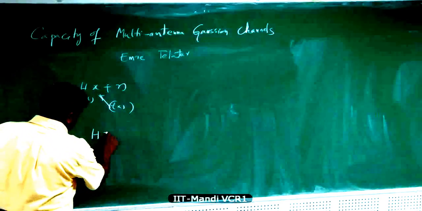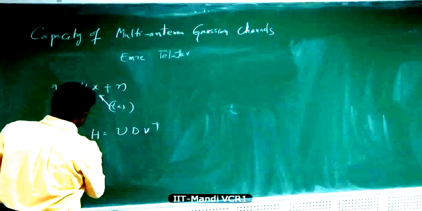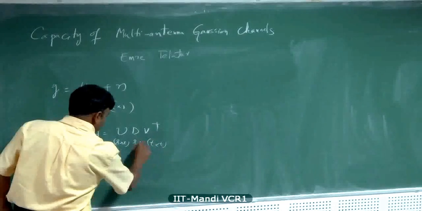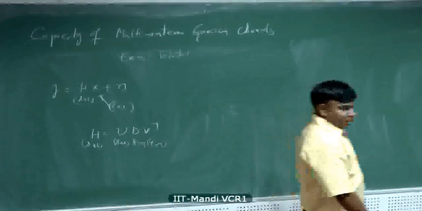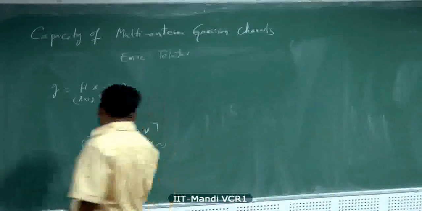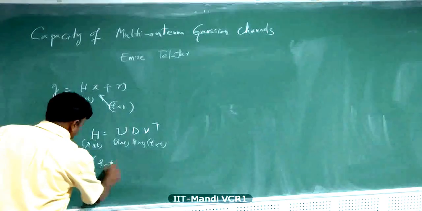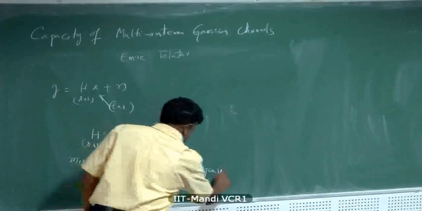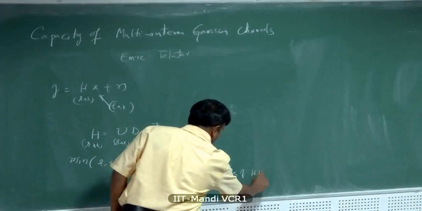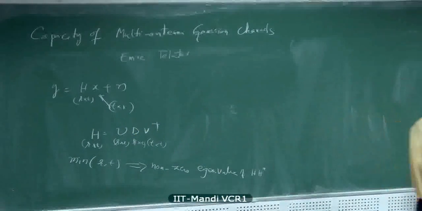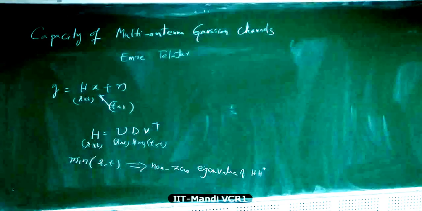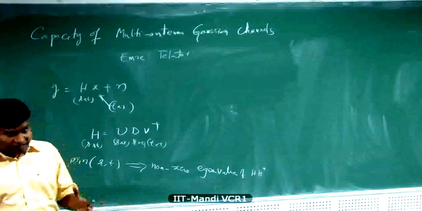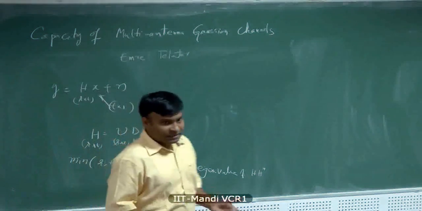So H is U D V Hermitian, and the number of non-zero eigenvalues of D is minimum of R comma T. It's the number of non-zero eigenvalues, or the number of streams that the channel can support.